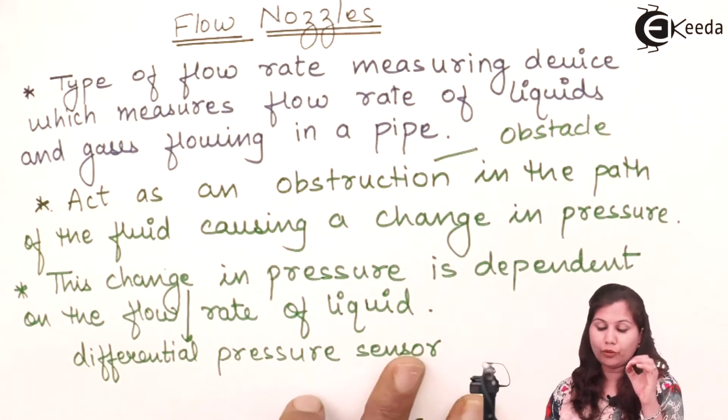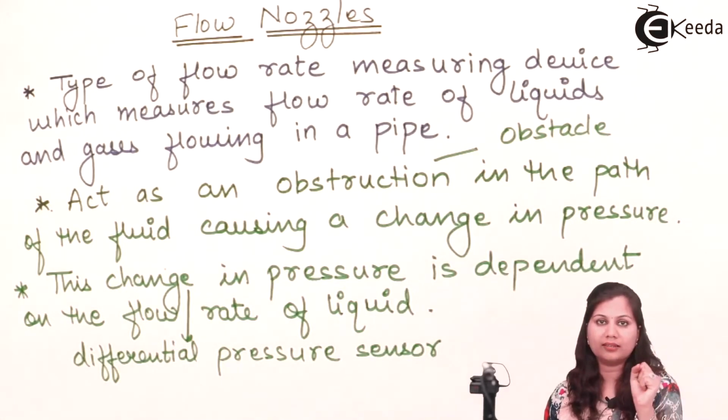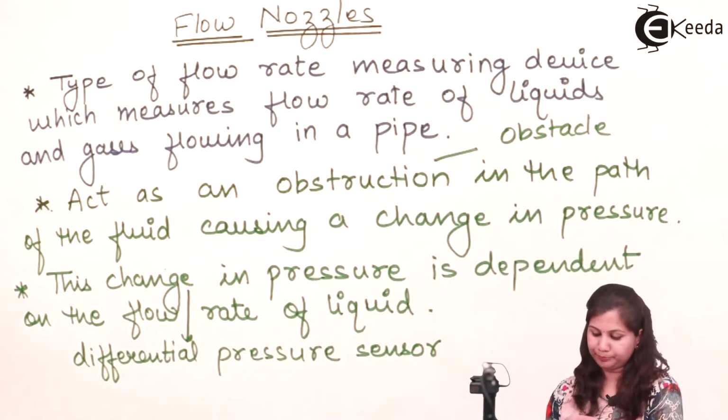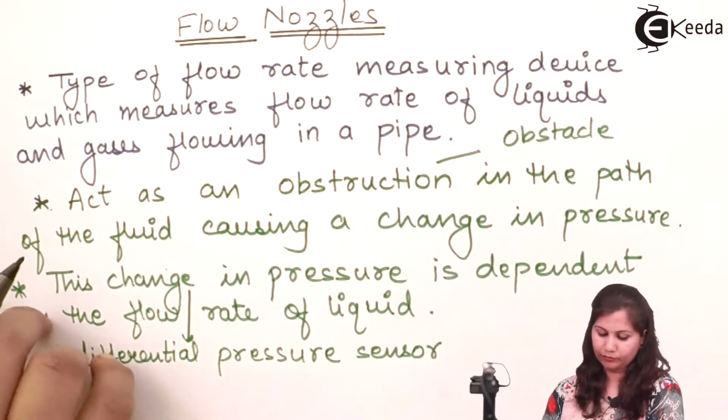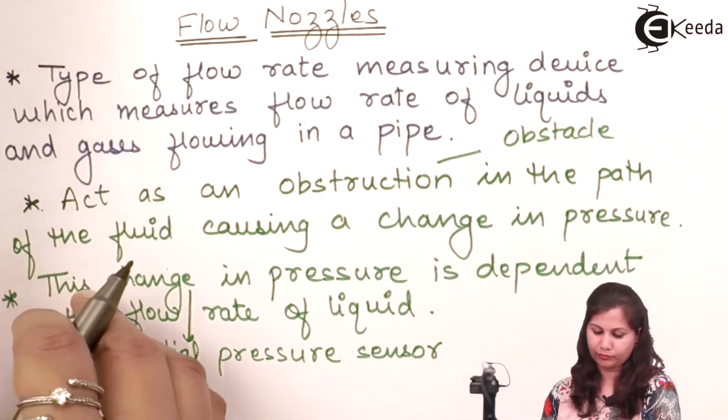So in the flow nozzles we are indirectly measuring the flow rate. It is a type of indirect method where the flow rate is measured by measuring the changes in the pressure. Also, we can say that they are a mechanical means of measuring the flow rate.